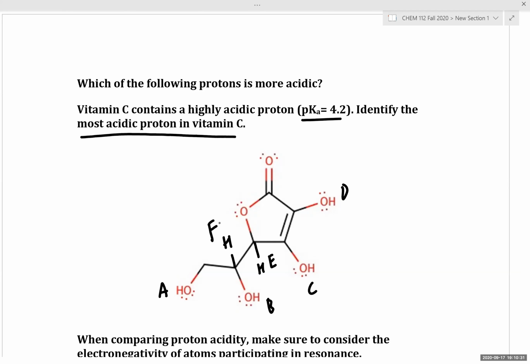And for this, you're really going to have to draw out your anions and check to see which anion is more stabilized via resonance effects.